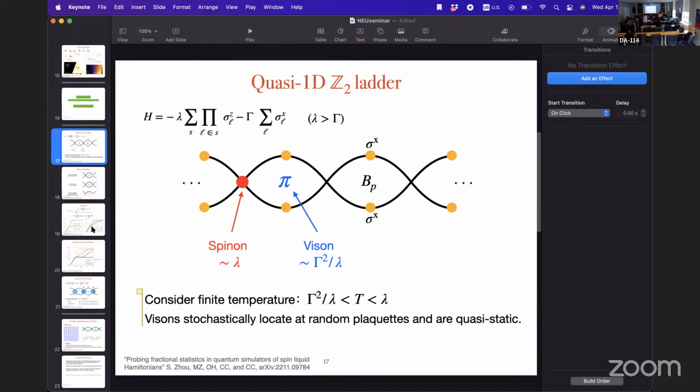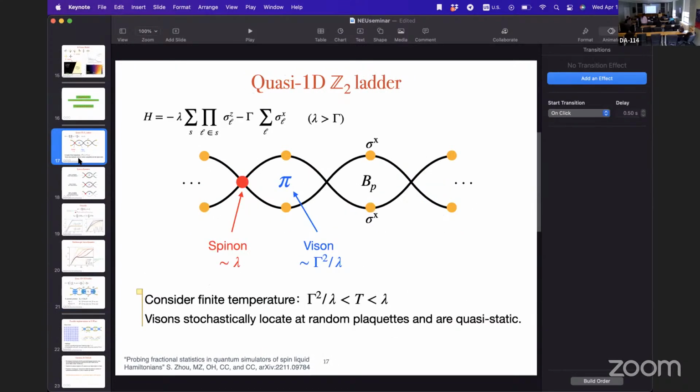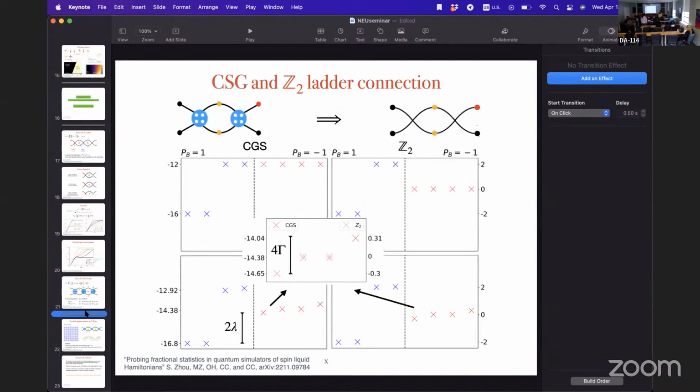What we did is that we have to do a couple of mappings from the CGS model, which is the one exactly realized in the D-Wave, to the 1D ladder. I actually didn't talk about it, but we have an exact one-to-one mapping of those two models.